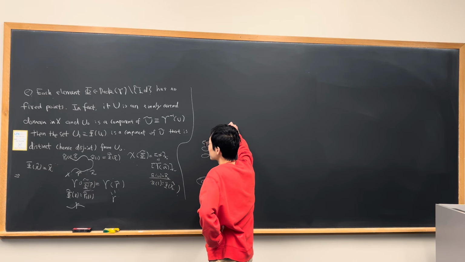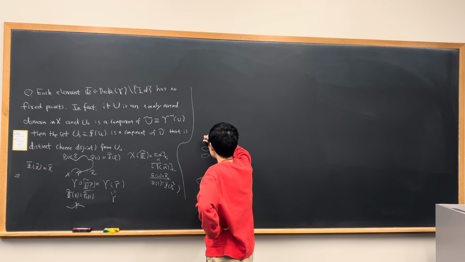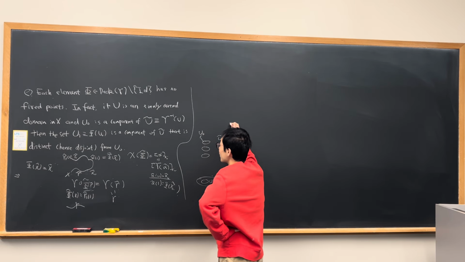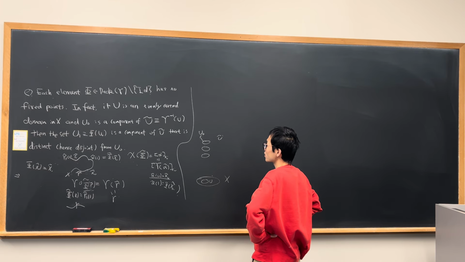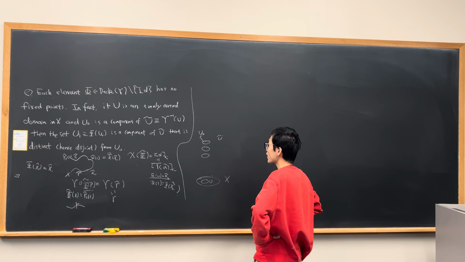I think what the author means here is that this is U tilde, and it's a component of this one, then the set U1, which is phi of U0, is a component of U tilde that is distinct.